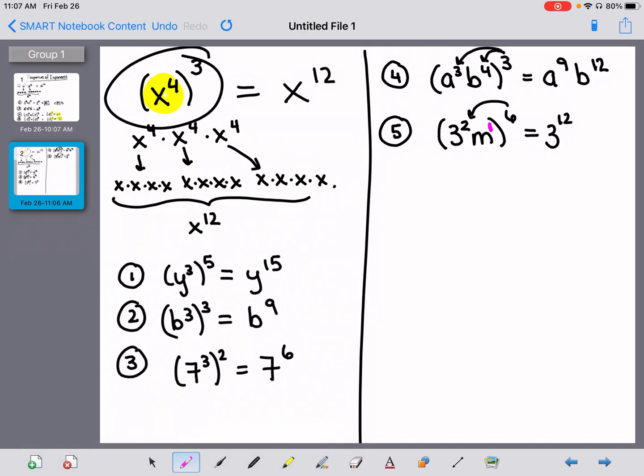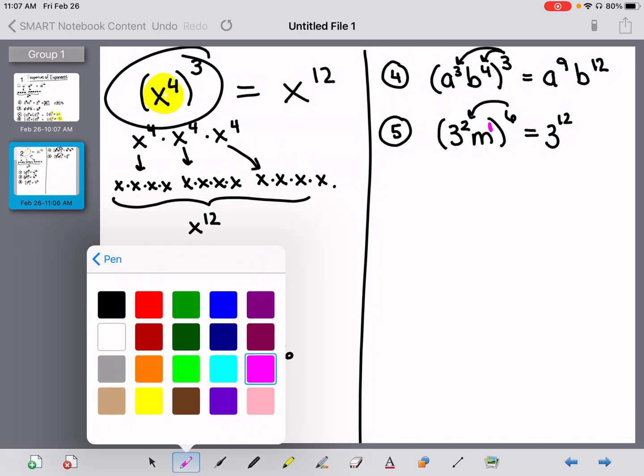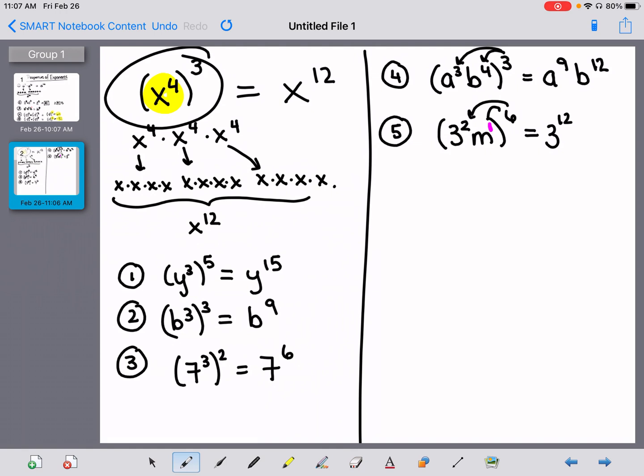There's an invisible 1 here, m to the 1st power. So we multiply 6 times 1 becomes m to the 6th, right? And then what we usually do is we simplify 3 to the 12th on our calculator. This is a very big number, right? So this would be my final answer. We simplify those numerical values.